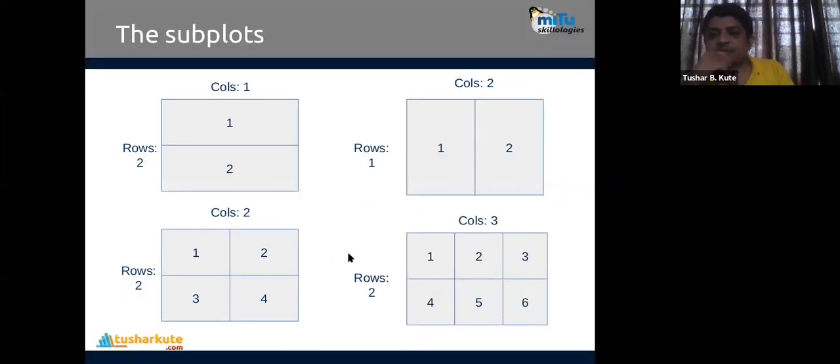See these subplots. I think it's visualized, it's shown to you. I want the plot like this. In this way, one plot above, one plot below. Or two plots, one plot on the left side, one plot on the right hand side. Or I want four plots like this, 1, 2, 3, 4. Or I want six plots like 1, 2, 3, 4, 5, 6.